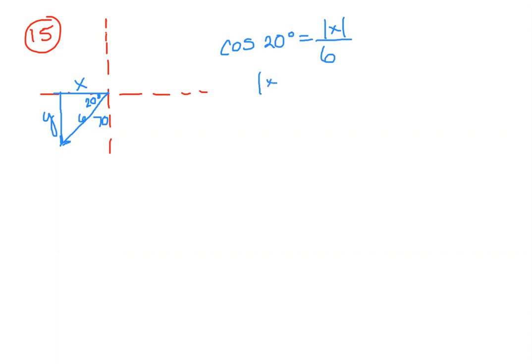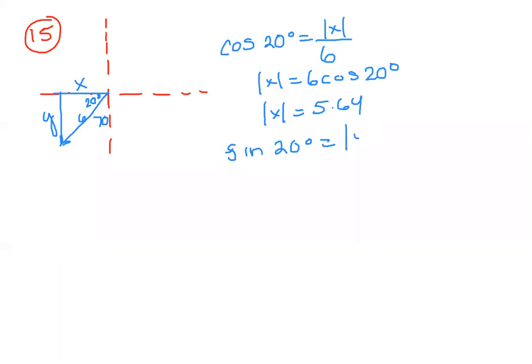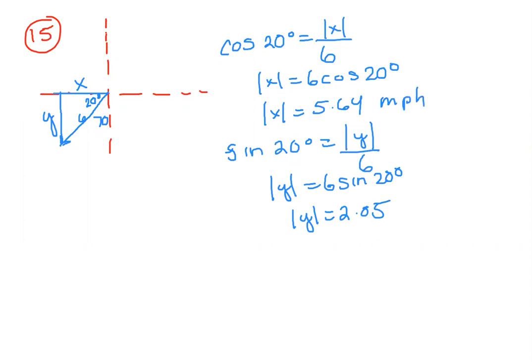So the absolute value of x equals 6 cosine 20, and the absolute value of x equals 5.64, and sine of 20 equals the absolute value of y over 6, and so the absolute value of y equals 6 sine 20, and this equals 2.05. So the horizontal is 5.64 miles per hour, and the vertical is 2.05 miles per hour.